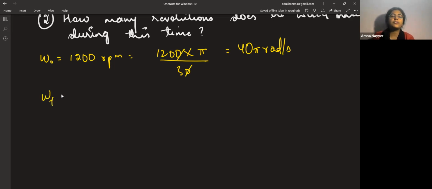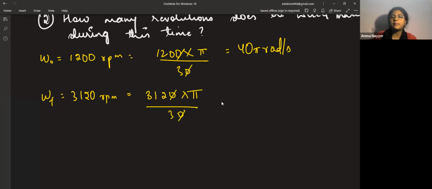For the final angular velocity, that is 3120 RPM, this is equal to 3120 into pi by 30. That becomes 104 pi radian per second.